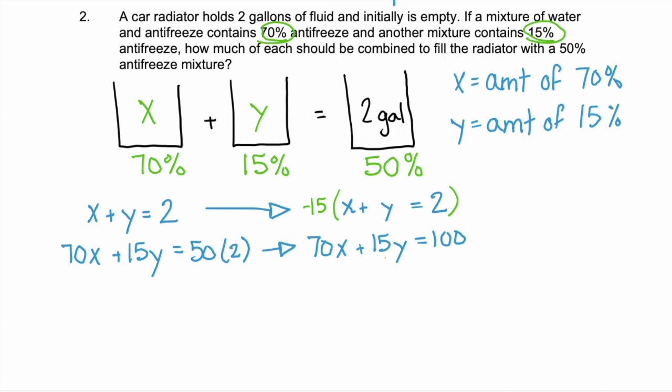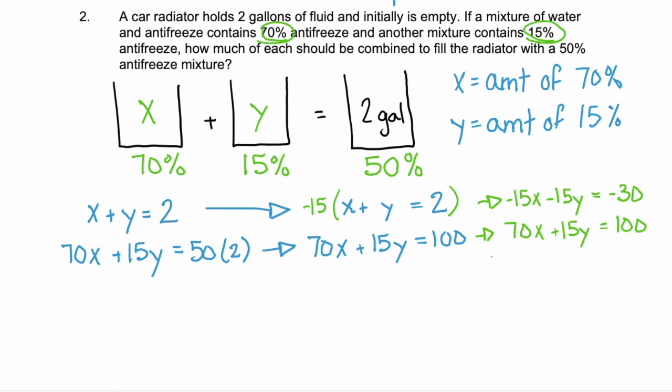And added with the positive 15y, they cancel out. So when I multiply, my first equation turns into negative 15x minus 15y equals negative 30. And my second equation stays the same. 70x plus 15y equals 100.